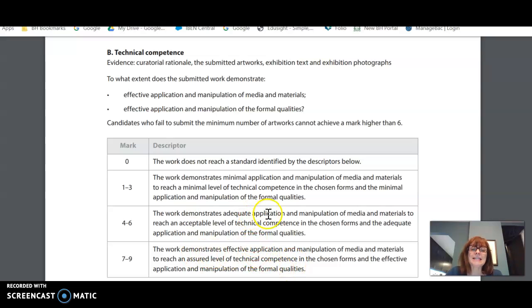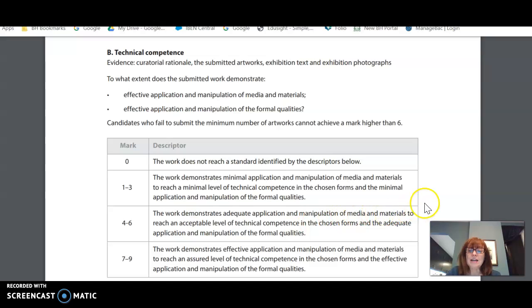I'm going to stick with this middle band, and I would lean toward the upper number, the 6. If the work is a weak match, but it's better described by this language than the language of the level lower than it, I would match it to the lower level. And in this case where we've got 3 numbers, if it's a mid-range match, then I would give the mid-range number.